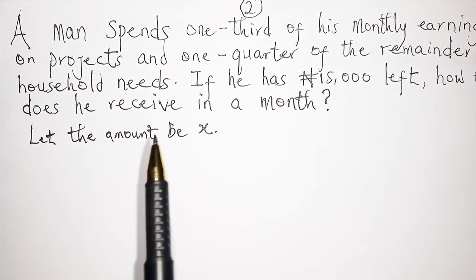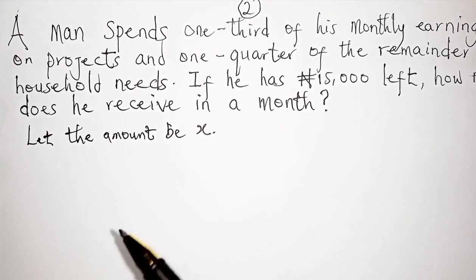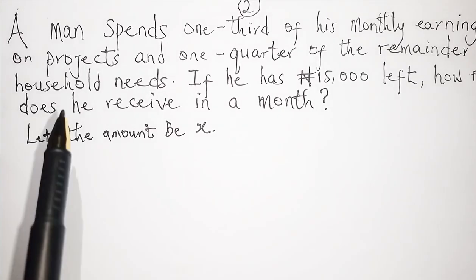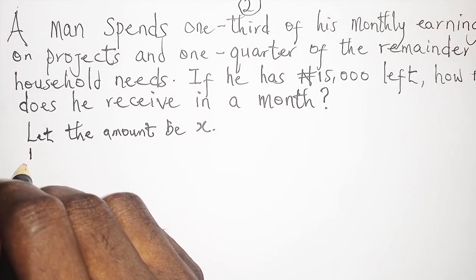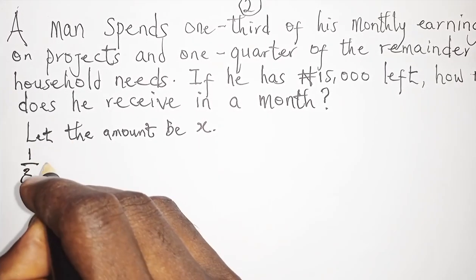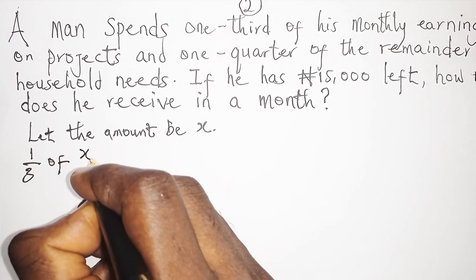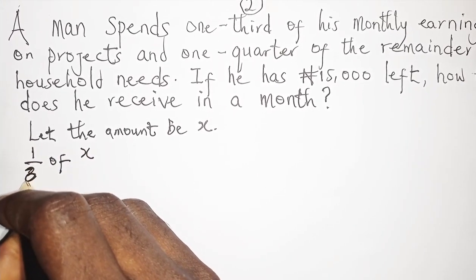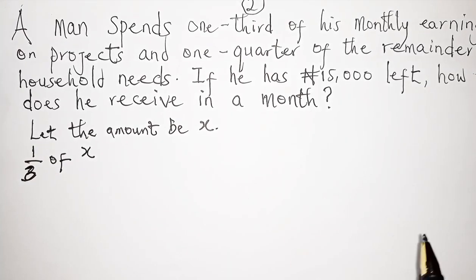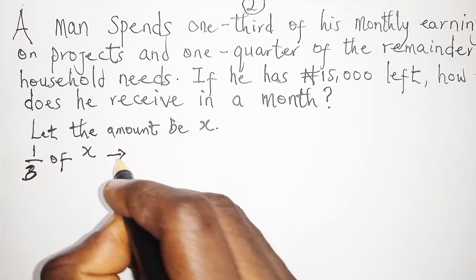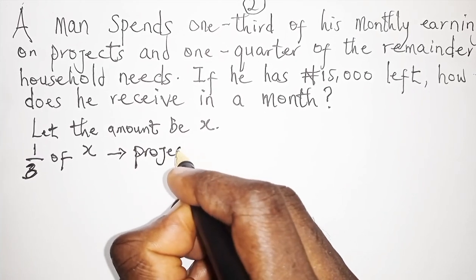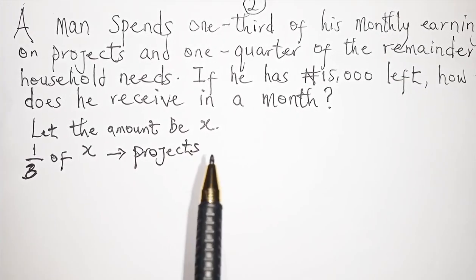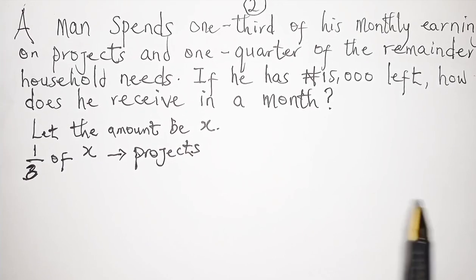So we go back to the question to read it all through so we could understand better. They say a man spends one third of his monthly earnings on projects. So therefore, he spends 1 over 3 of X on projects, and one quarter of the remainder.